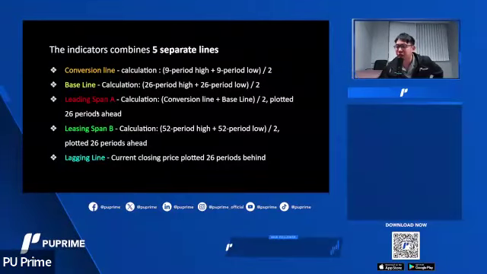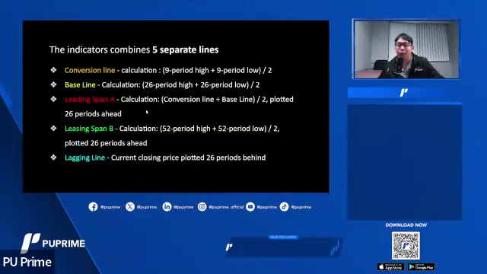The second magic is over here, the leading span A and leading span B. The calculation is like this. Leading span A is the average of these two lines, the quick lines, plotted 26 periods ahead, 26 candlesticks ahead of the latest candlestick.